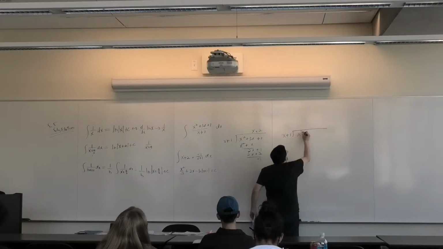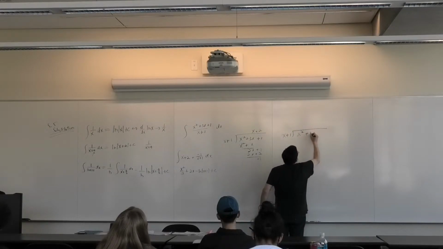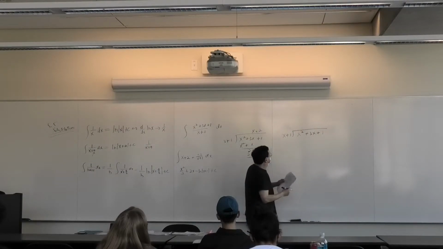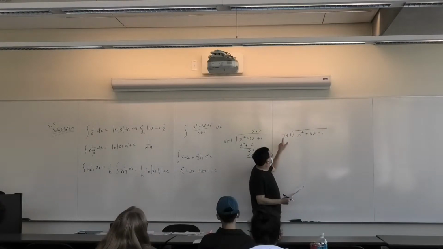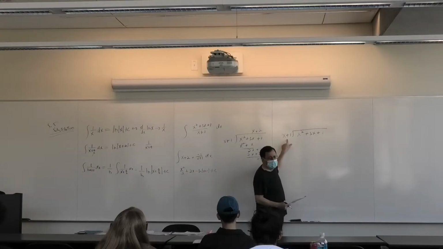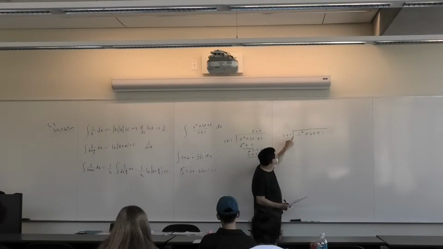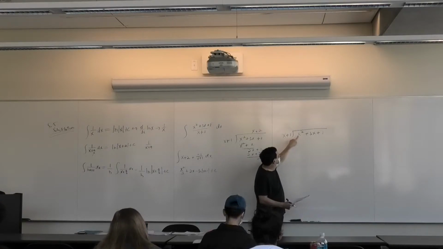So I'm given this problem, and I have to divide x plus 1 into this mess here. And all I really need to do is look at the leading term here, which is x squared, and think, what happens when I divide x squared by x?